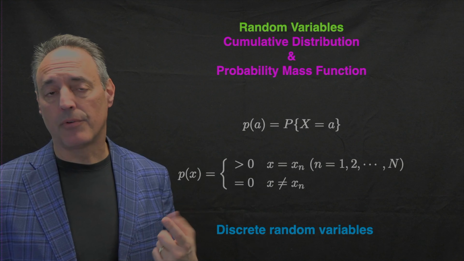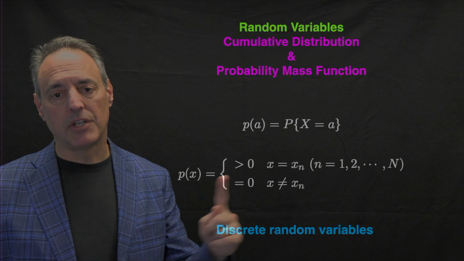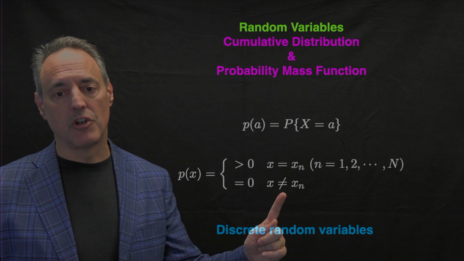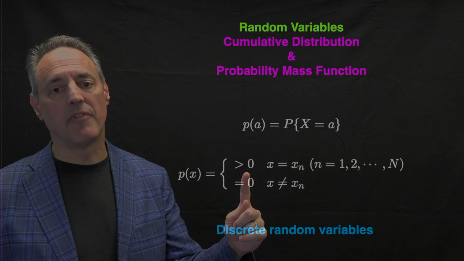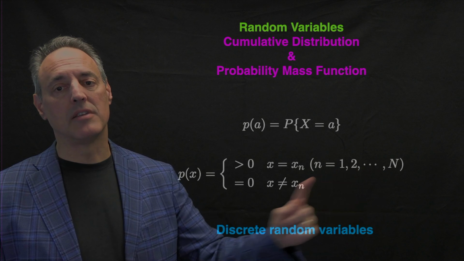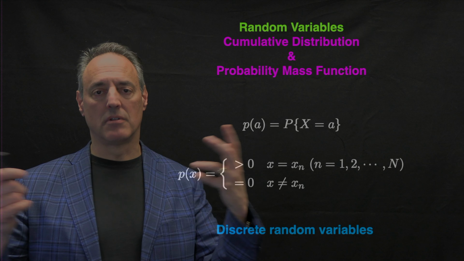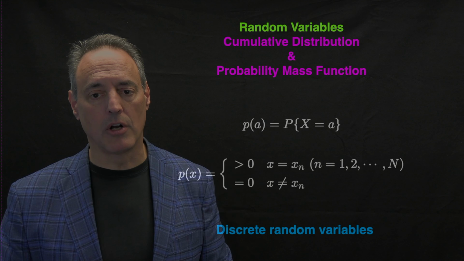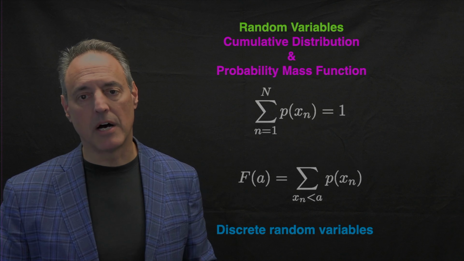So at least for a discrete random variable, the probability is 0 if X is not equal to one of the x of n, but this is some value greater than 0 for X equal to x of n, where these are n different discrete values that it could take on. In other words, in some sense, some events that would be taken on. So these are how you would describe discrete random variables themselves.